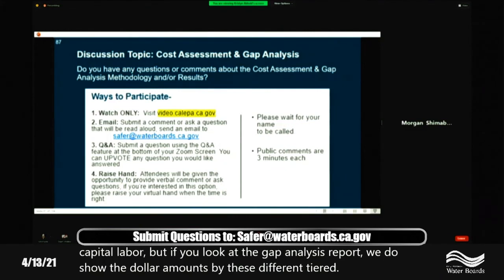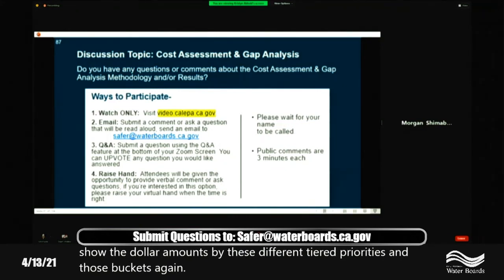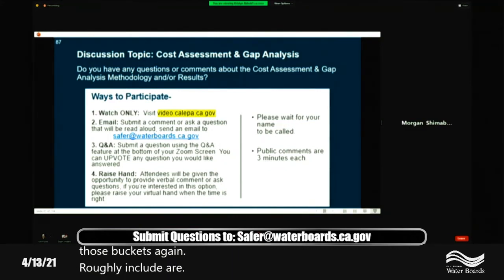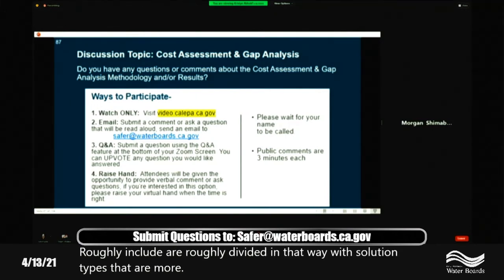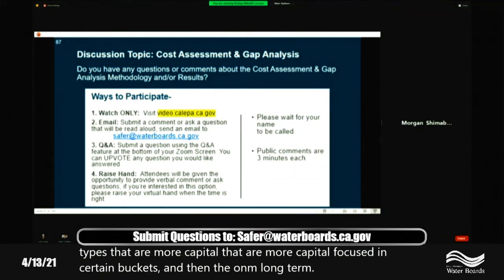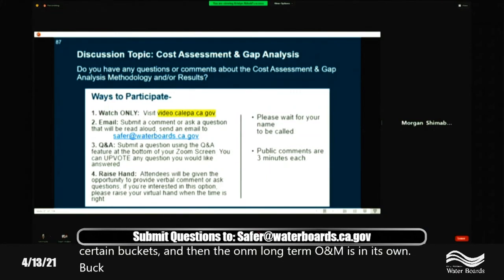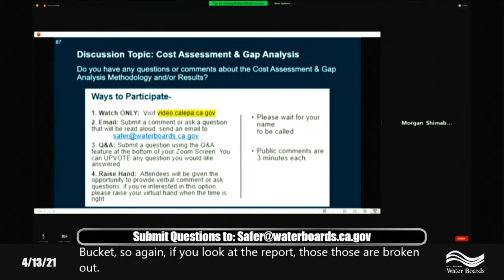And those buckets are roughly divided in that way, with solution types that are more capital focused in certain buckets, and then the long-term O&M is in its own bucket. So again, if you look at the report, those are broken out for both the 1 and 5 year and the grant and loan need.